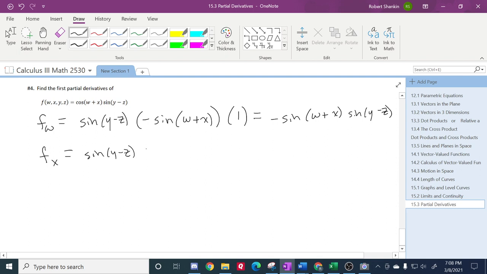Derivative of this with respect to x: the derivative of cosine of something is negative sine of that thing, and then times the derivative of the internal, which is just 1. And put w plus x first. F y and f z, I'll do both of those together in just a minute. I'll give you a minute in case you need a little more time with those.